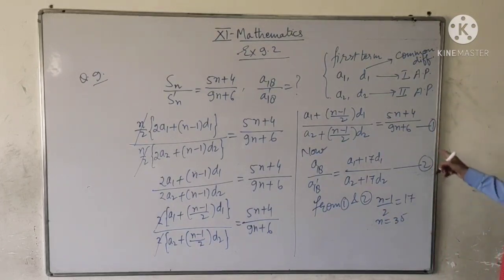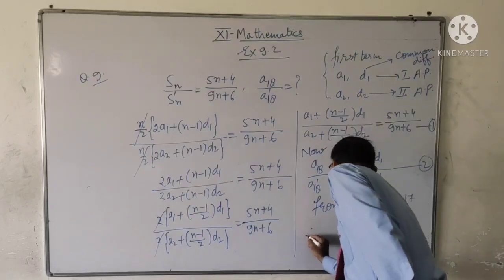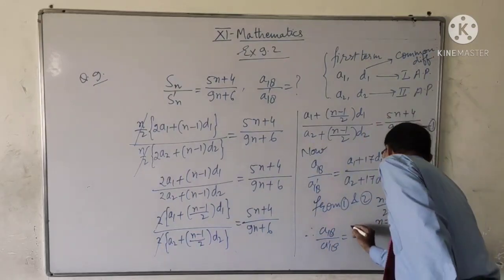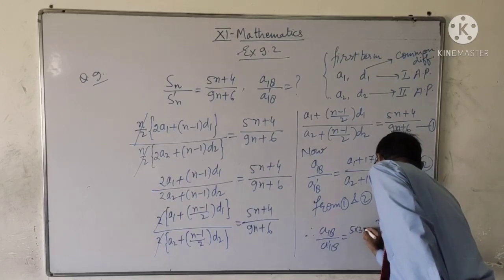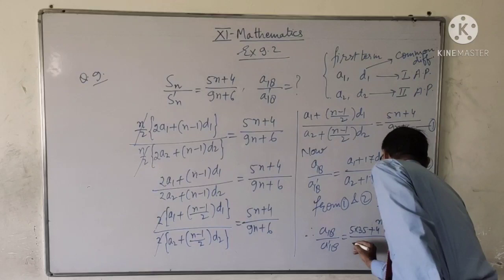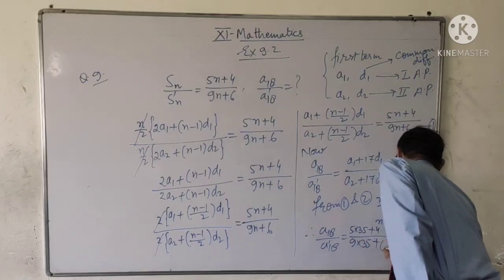Then putting the value of n here, the ratio of the 18th terms A18 upon A18 dash equal to (5 into 35 plus 4) upon (9 into 35 plus 6).